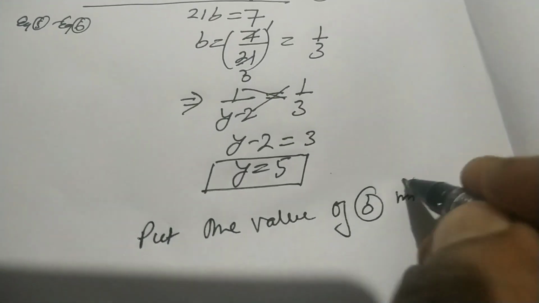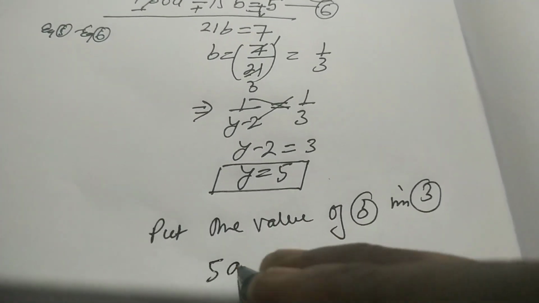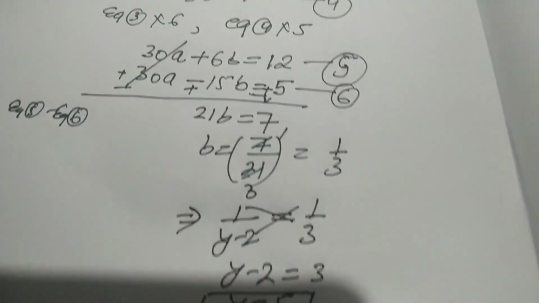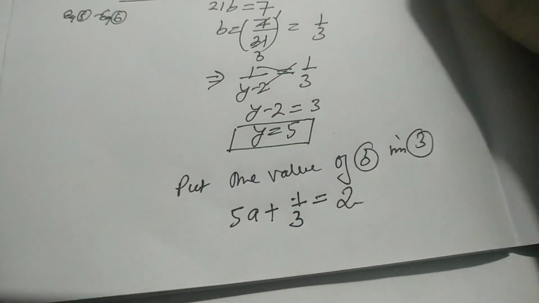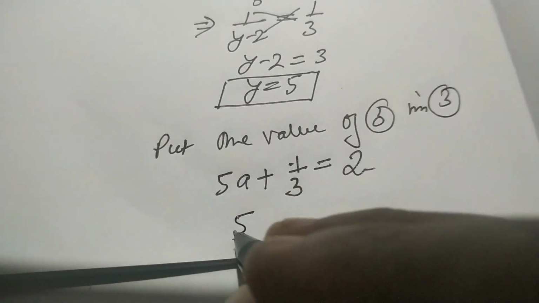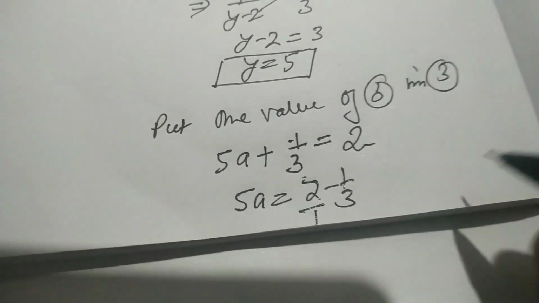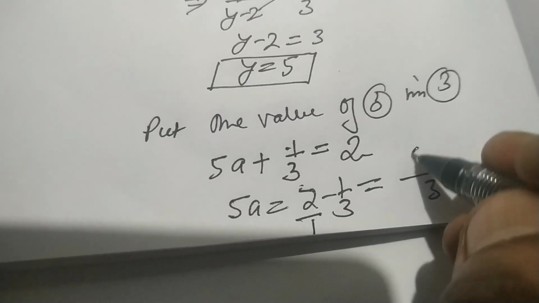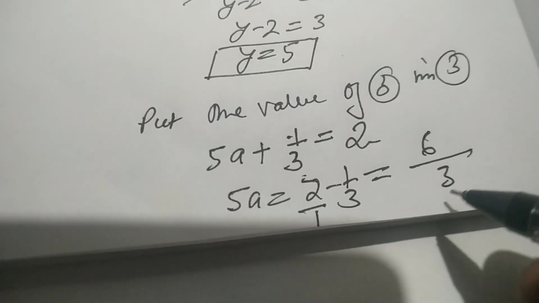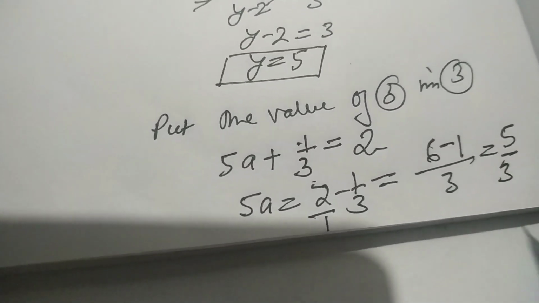Let's put it in the third equation. In the third equation, 5a plus b, and b is 1 upon 3, is equal to 2. Now this implies that 5a is equal to 2 minus 1 upon 3. Taking LCM 3, this is 6 minus 1 upon 3, which is 5 by 3. So 5a is equal to 5 by 3.